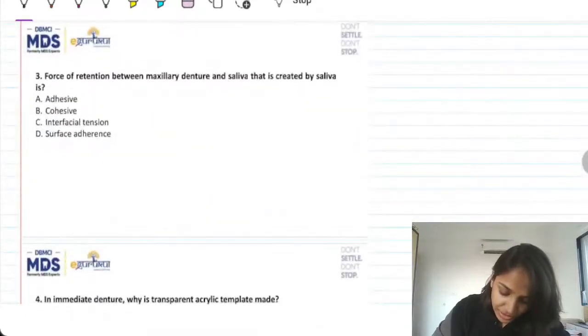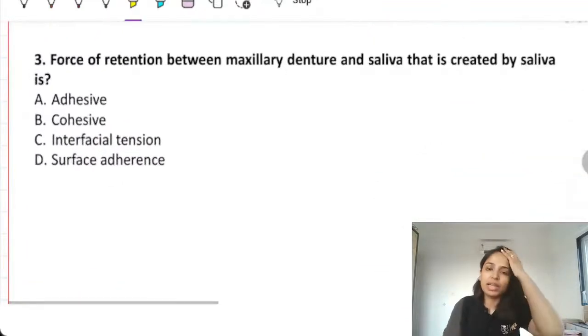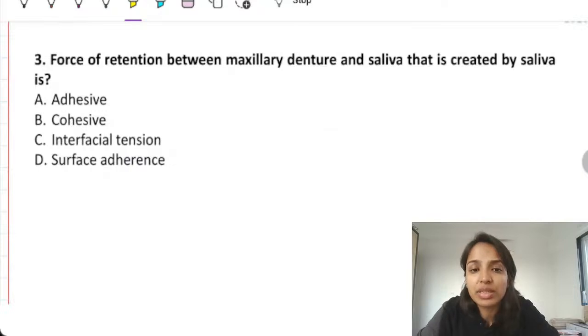Now, the force of retention between maxillary denture and saliva, that is created by saliva, is what? The options are A, adhesive, B, cohesive, C, interfacial surface tension, D, surface adherence. Now we all know there are 5 basic factors that affect the retention of a prosthesis.